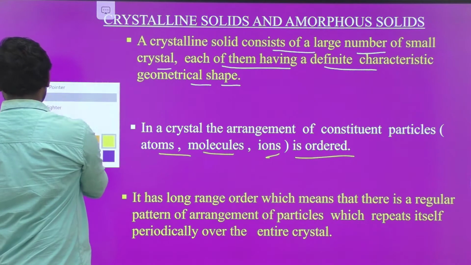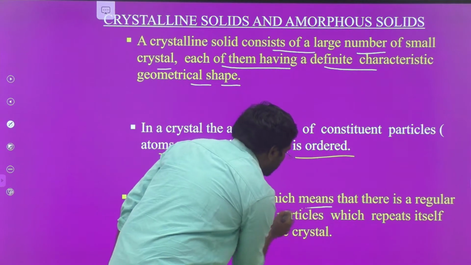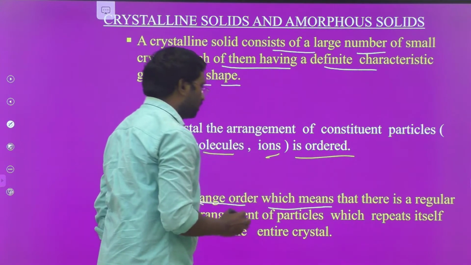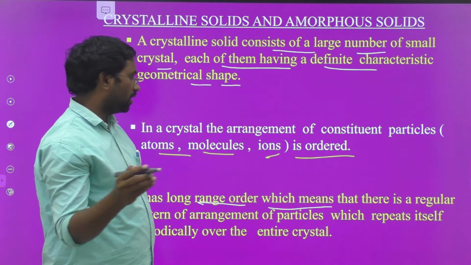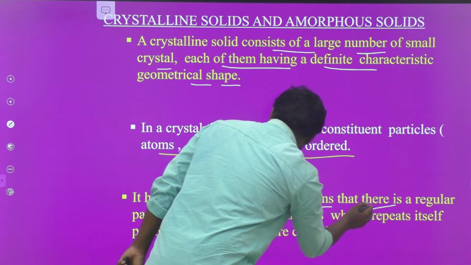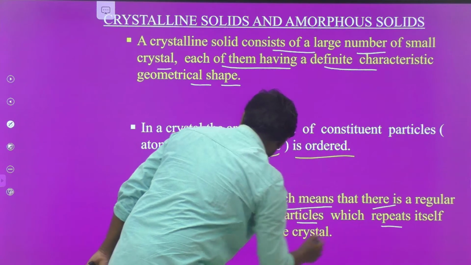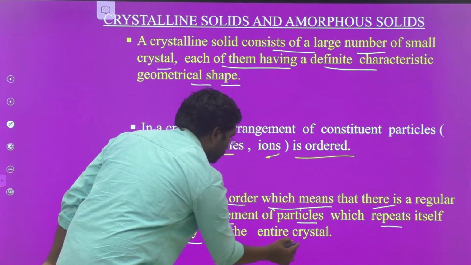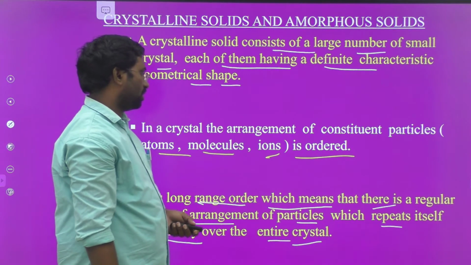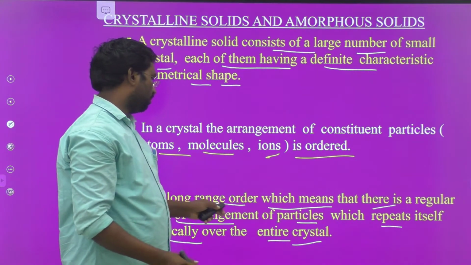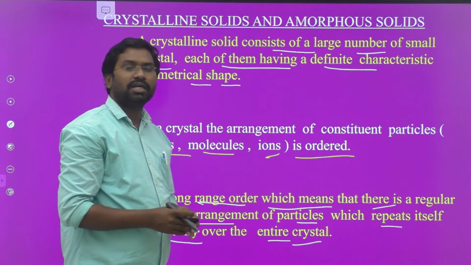It has long range order. Another property is that it has long range order. So what is meant by long range order in case of crystalline solids? Long range order means that there is a regular pattern of arrangement of particles which repeats itself periodically over the entire crystal.